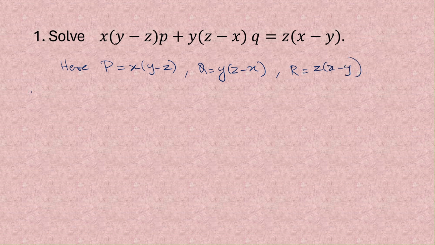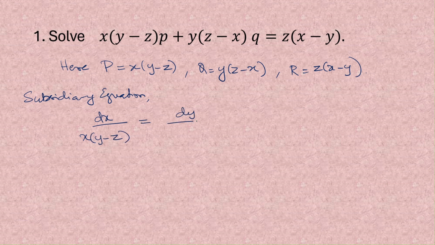Now let us write the subsidiary equation. The subsidiary equation is dx divided by x(y minus z) is equal to dy divided by y(z minus x) is equal to dz divided by z(x minus y).